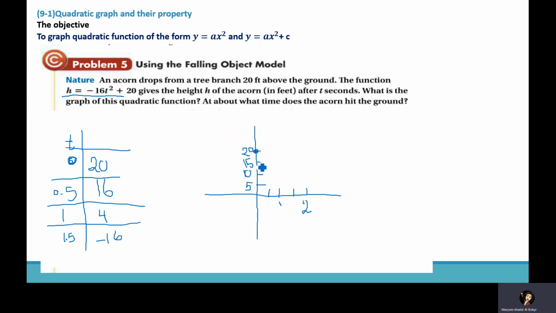As I said, the corn will drop, this is the time and this represents the height. At 0, the corn is on the tree itself, so here it is 20 feet.